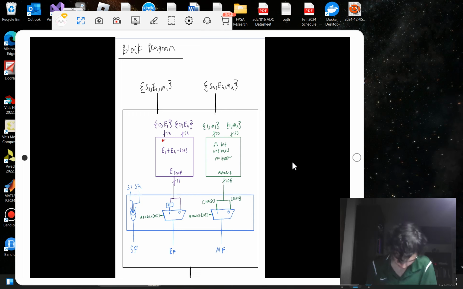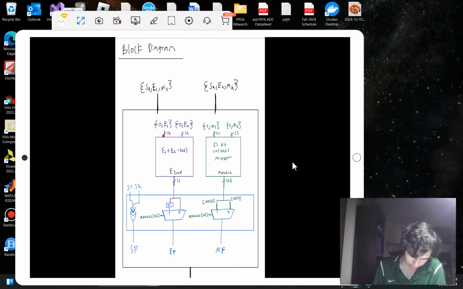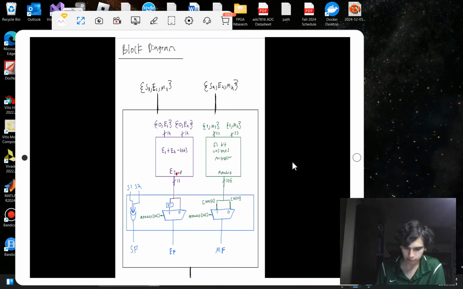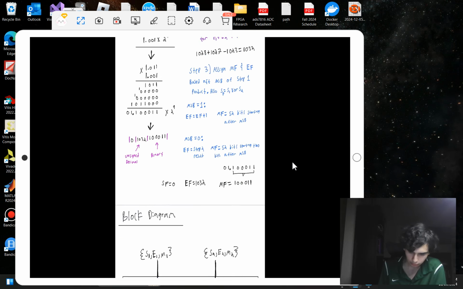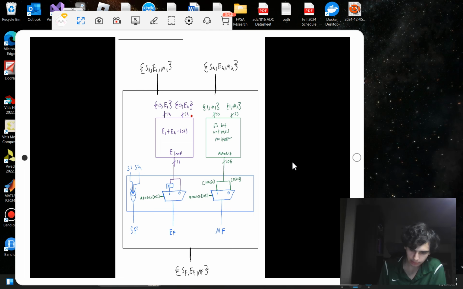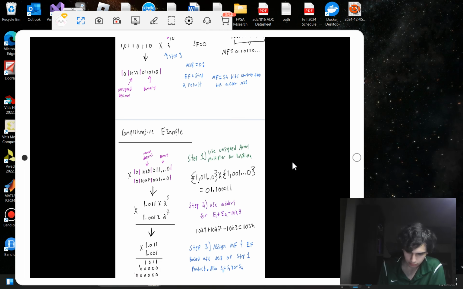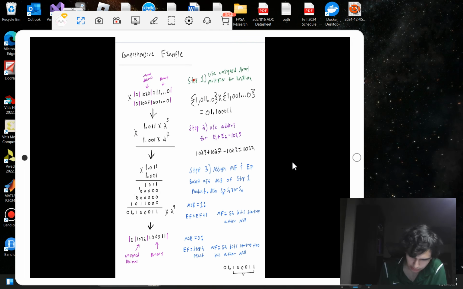And then for our step 2, we're going to take our E1 and our E2, add them together like this, minus 1023. And then from this 12-bit value, we're going to take the first 11 bits and call them eTemp and put them out. So these two things right here achieve the effects of step 1 and 2.